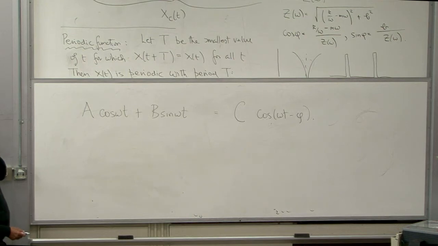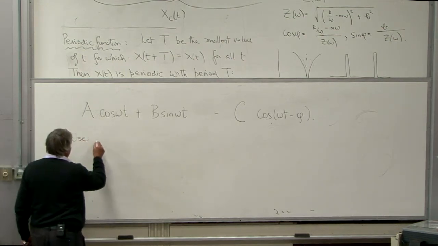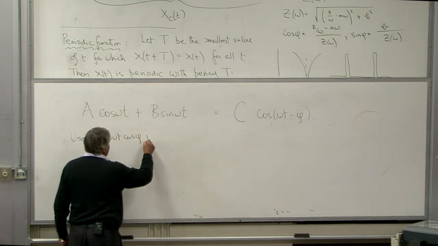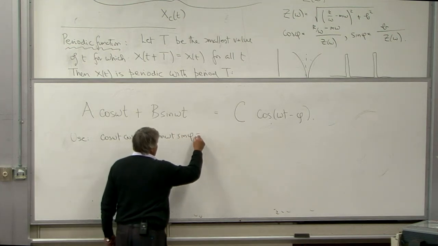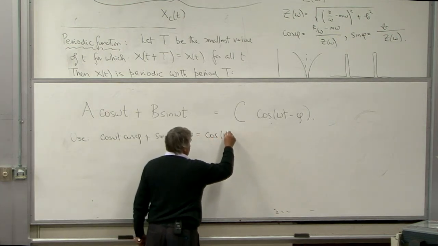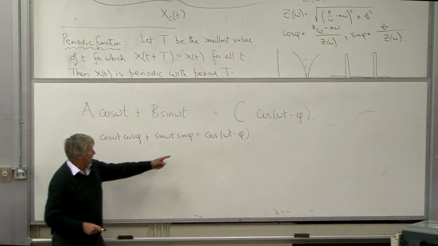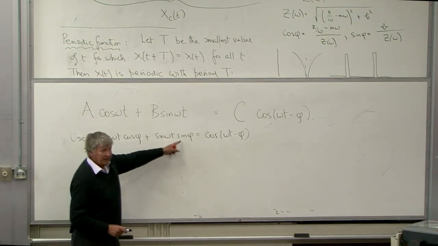What we're going to do is use the idea that cos omega t cos phi plus sine omega t sine phi is cosine of (omega t minus phi). This is the law of cosines: cosine(A minus B) is cosine A cosine B plus sine A sine B.